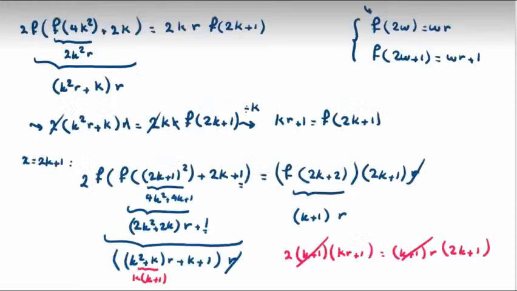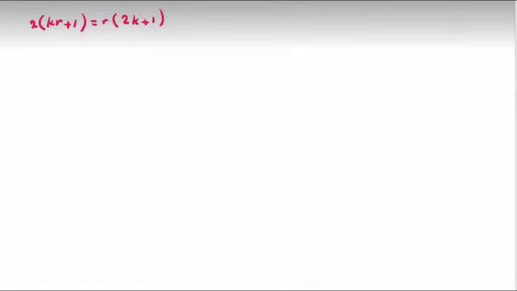Now we know it is correct for infinitely many k's, because it holds for all numbers. So I can write it as a polynomial: k times 2r minus 2r, they will be cancelled, let's check, yes, plus 2 minus r equal to 0.